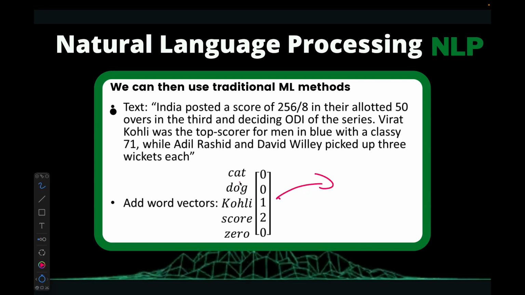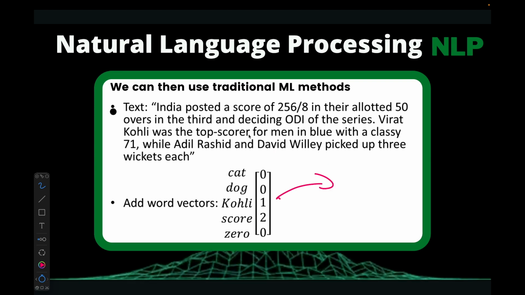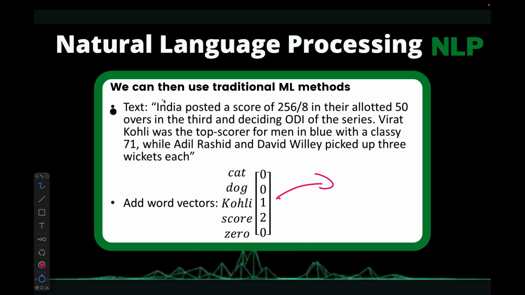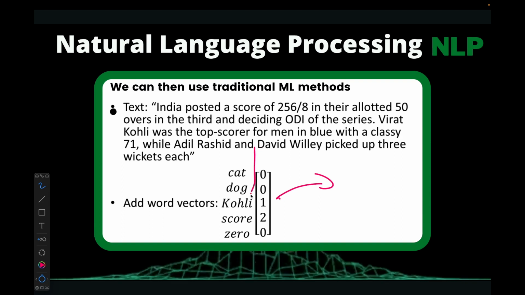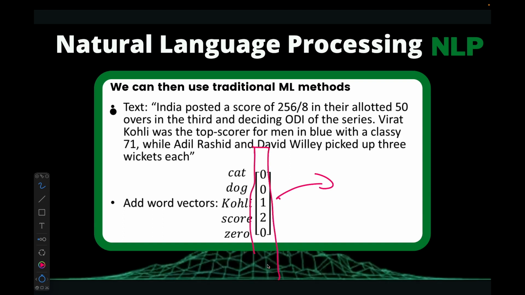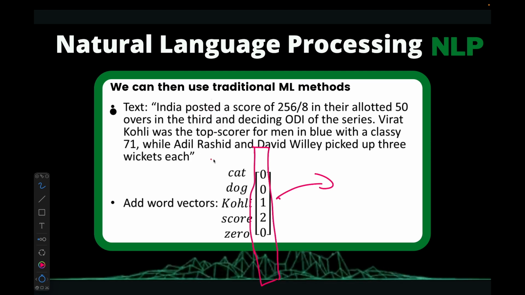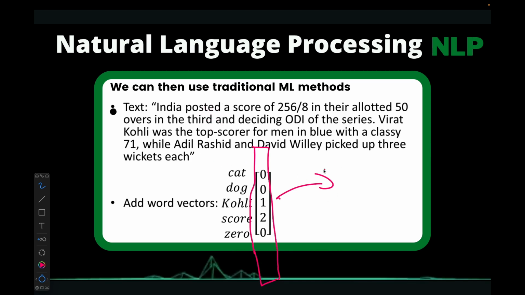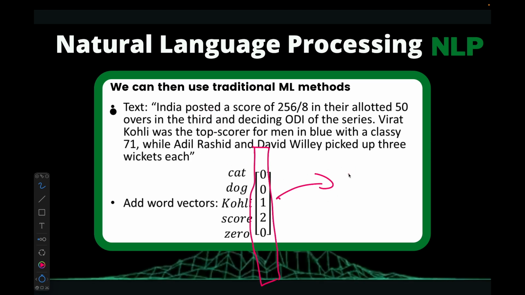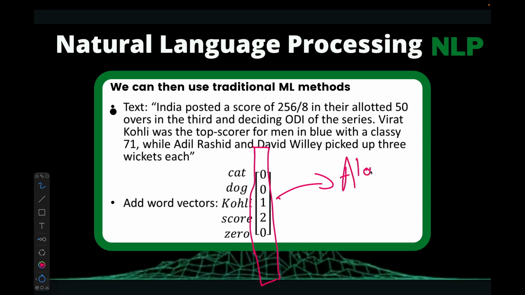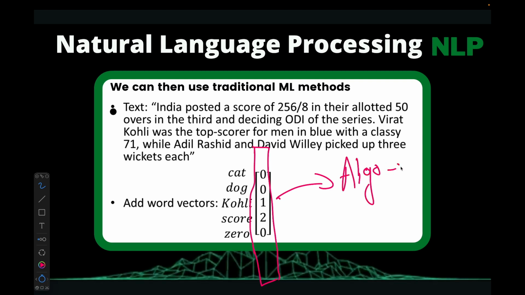After we have converted all of them using the TF-IDF or the bag of words, we're going to have a very long vector, up to the size of the vocabulary that we have. Once we have all of them like that, we can feed it to an algorithm to build a model.